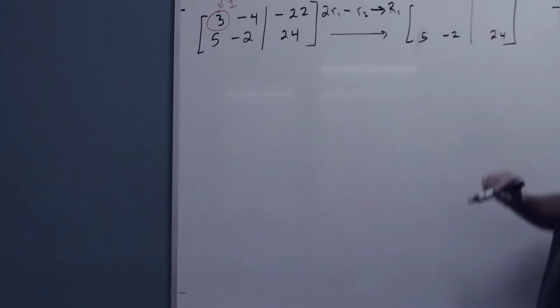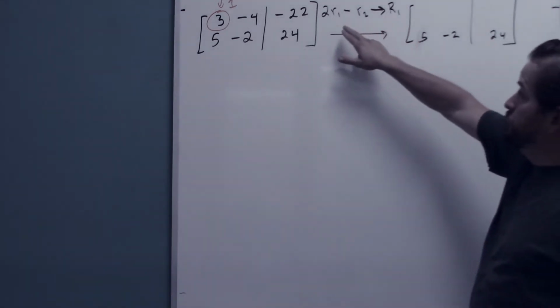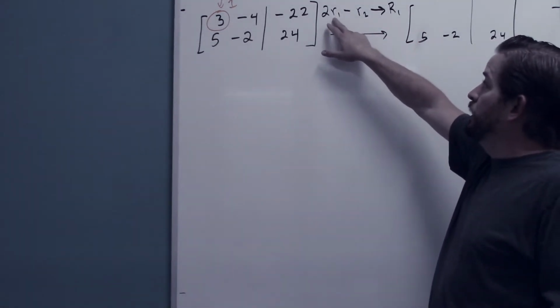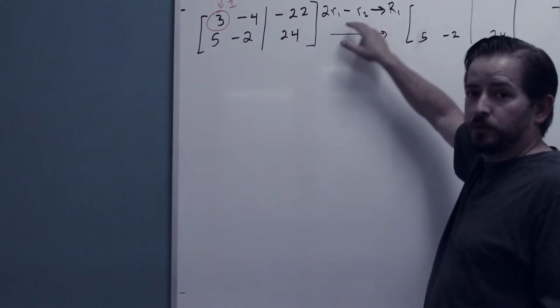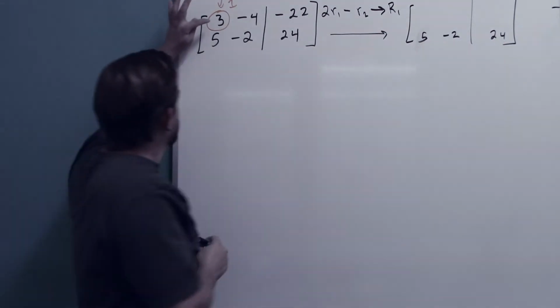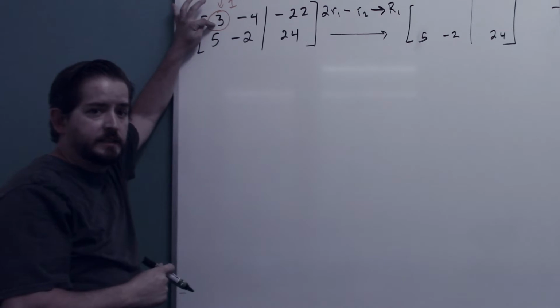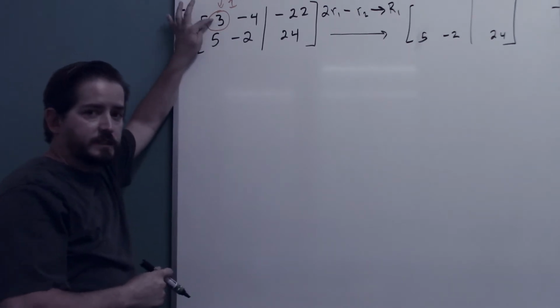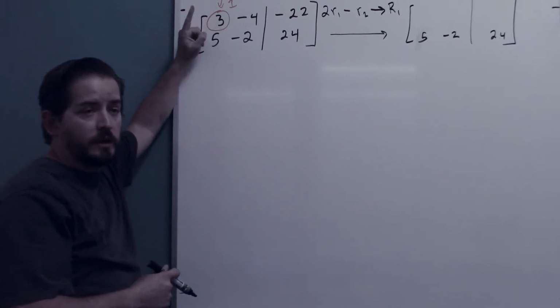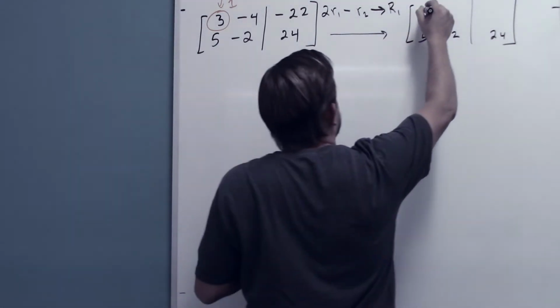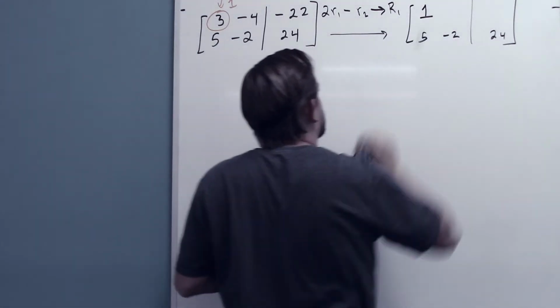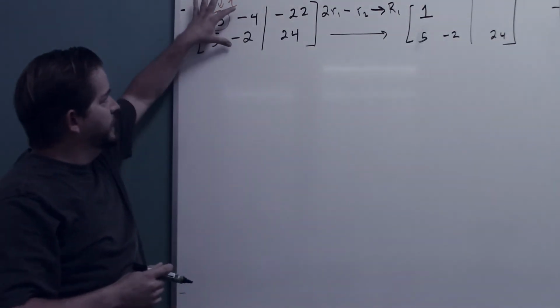But to do this operation, I simply double the element in row 1 and then subtract the element from row 2, which is to say I'm going to double 3 to get 6 and then subtract 5. 6 minus 5 is 1. That's what I wanted right here, is my 1. But I have to do that everywhere.